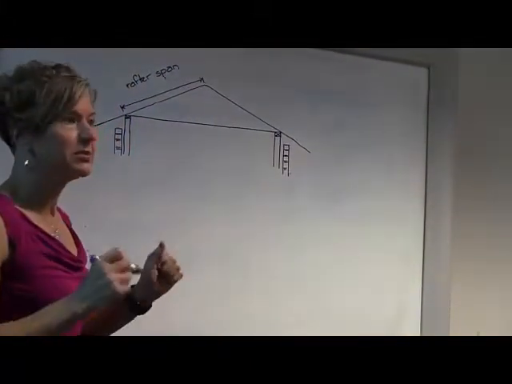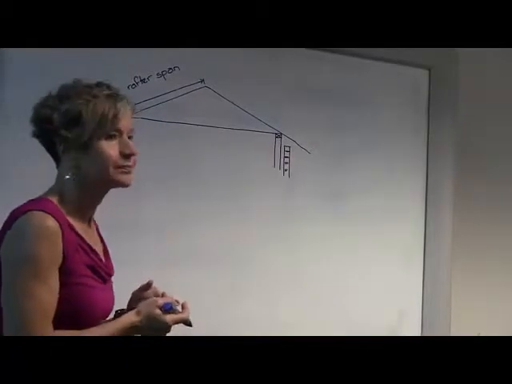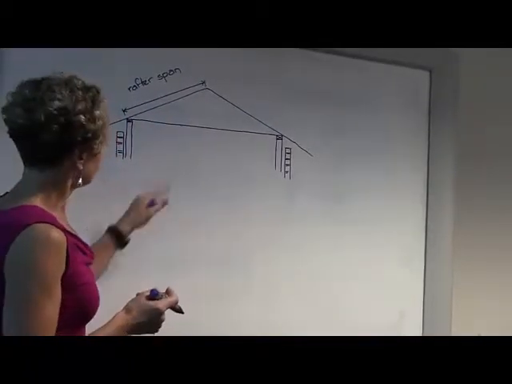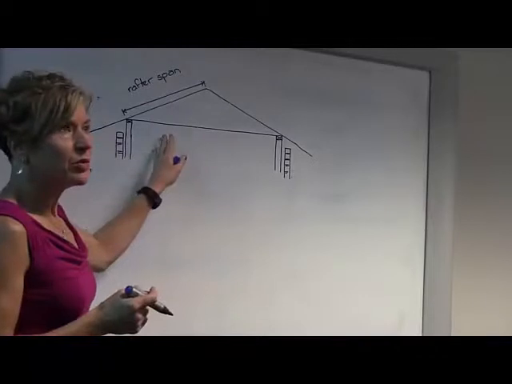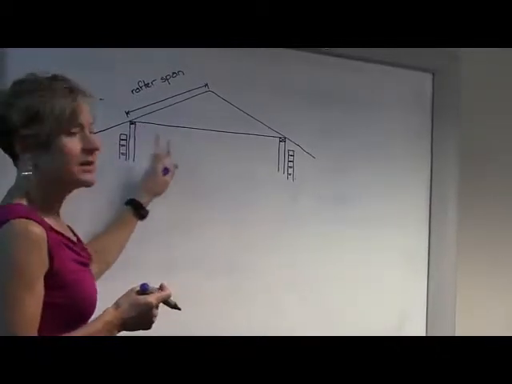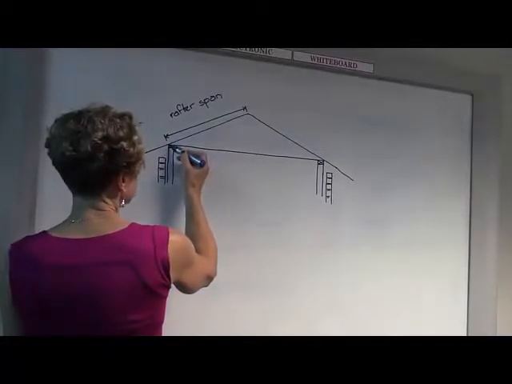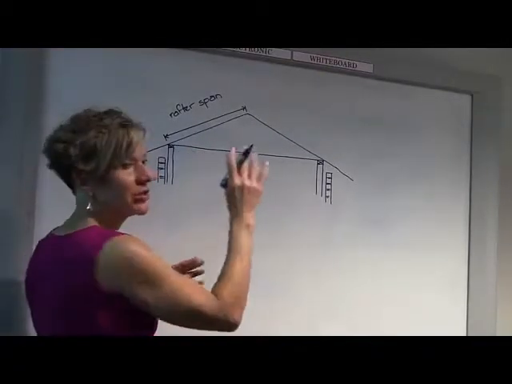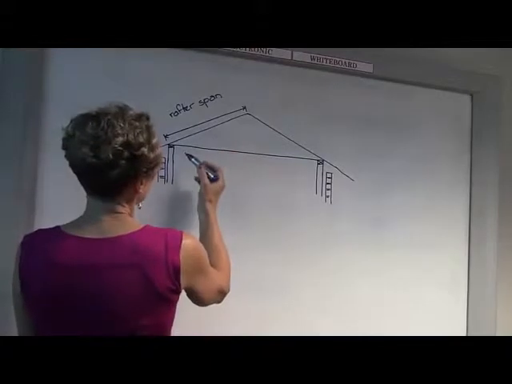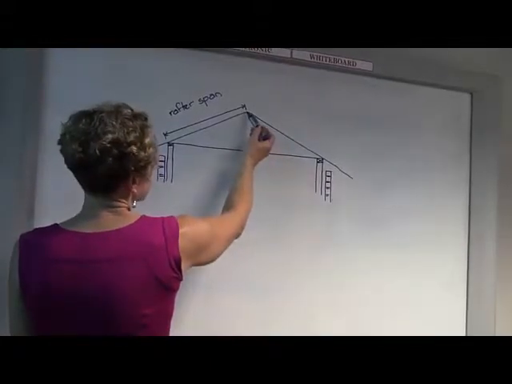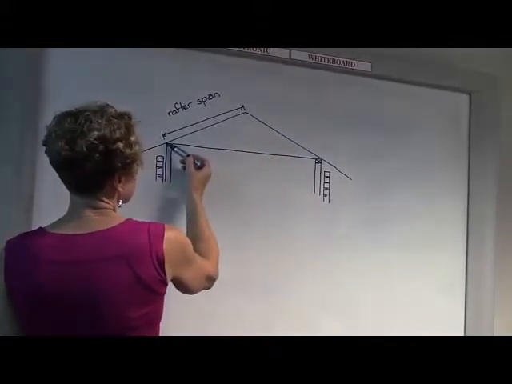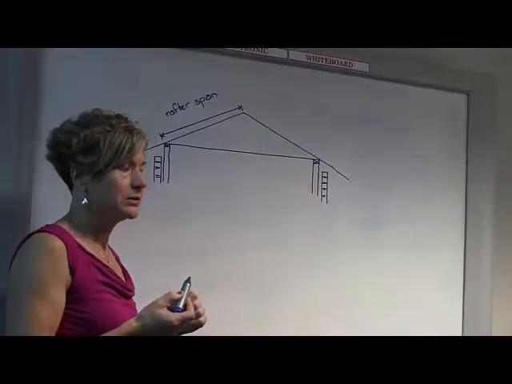Okay, this is a fairly simplified diagram. As I said before, the rafter sits on the outside edge of the timber frame. So this is just a simple diagram, so I haven't shown the bird's mouth or anything. But the rafter span is measured from the ridge down to the outside edge of the timber.